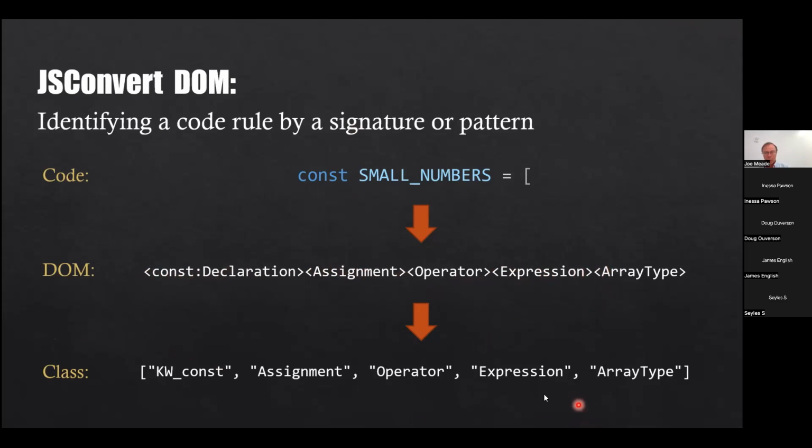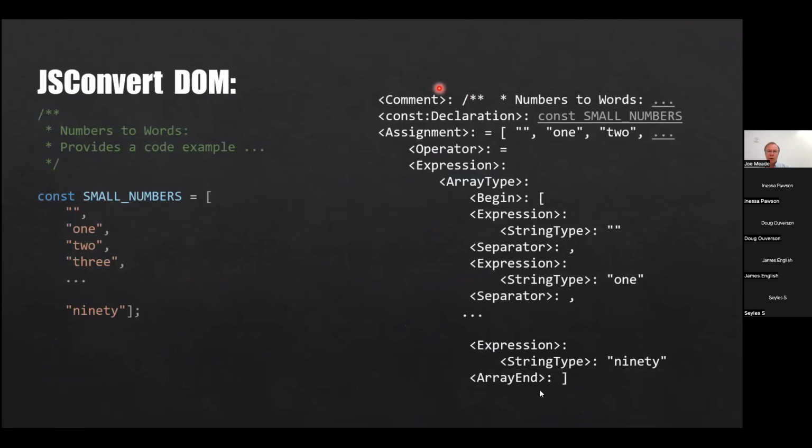Let me back up one. If you look at all of this, there's the const assign operator expression type. If you think about a string and how you find a substring in a string, you search through that string, and as soon as you find the first characters that match, it returns the index of where it matched. This is doing the same thing, except instead of characters, it's looking for classes.